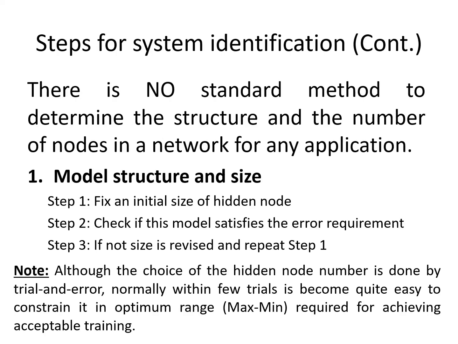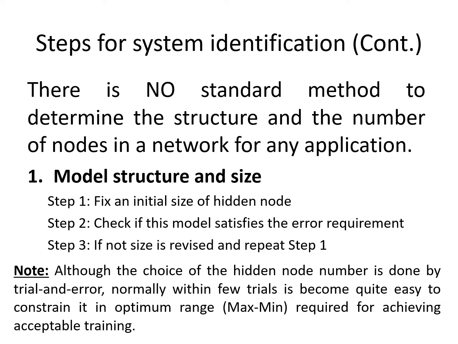Okay, it's on the model structure. There's no standard method to determine the structure and the number of nodes. If there is, we would have been using it. There are different ways of doing it and so on. But what normally we do is we fix an initial size of the hidden node, and after we have fixed it, then we will go through the normal training program, training and so on, until we satisfy the error requirement.